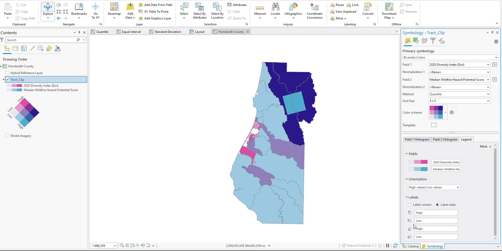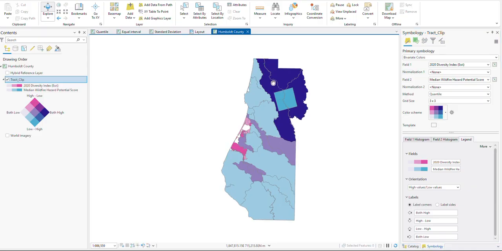So this will determine how the legend looks. So I'll let you mess around with how you want to label this legend, etc. So that is how you do the bivariate mapping. I will kind of walk through the instructions as well in text format. And so, yeah, good luck.